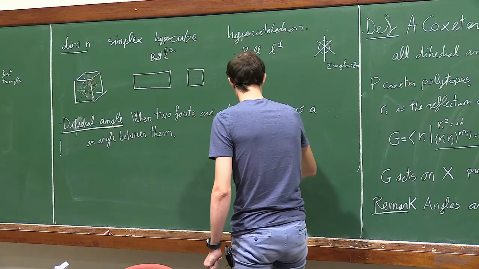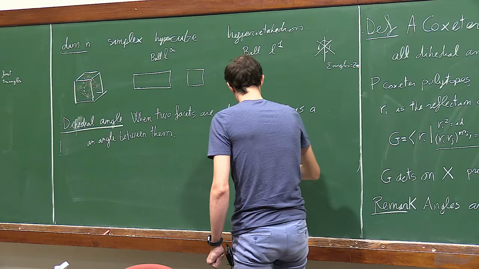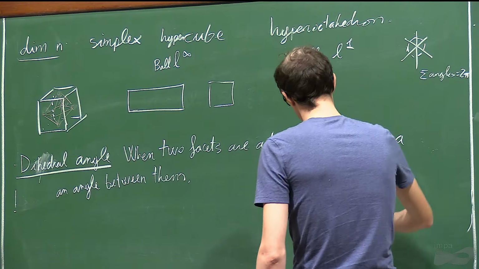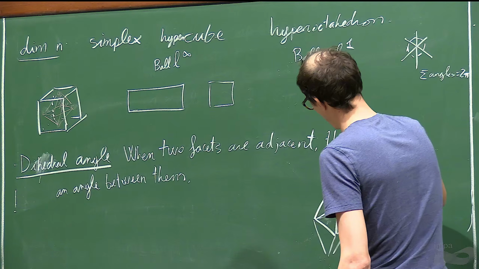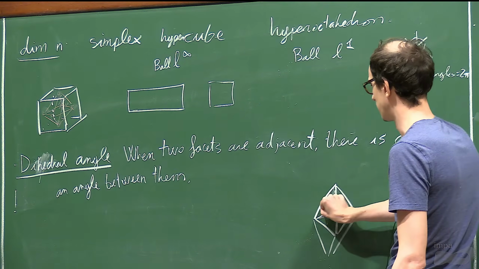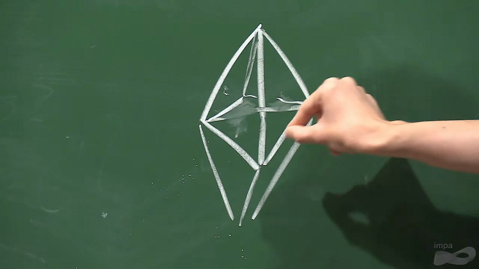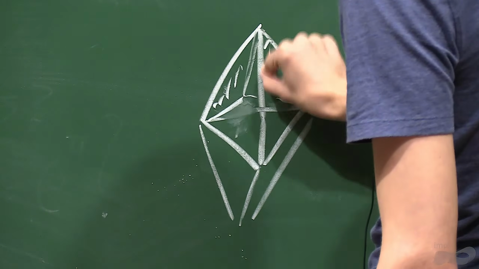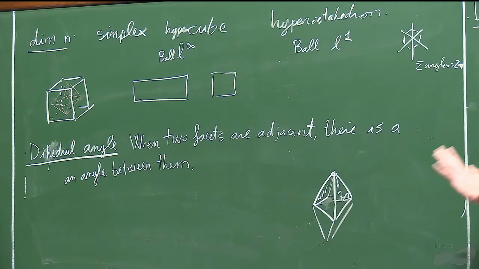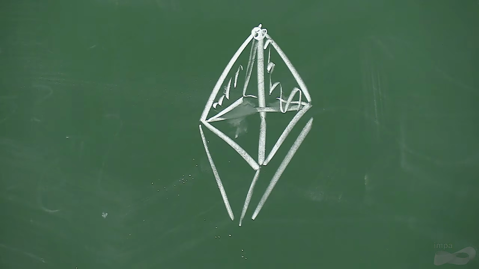This is an octahedron. In an octahedron you have facets that are touching, but only in a vertex, these two opposite facets here. A simple polytope is exactly one where when two d-dimensional faces intersect, they intersect in a d-1 dimensional one.